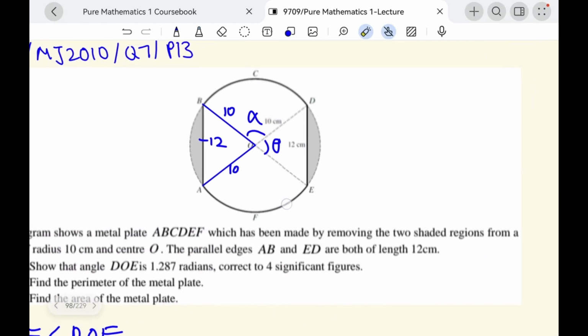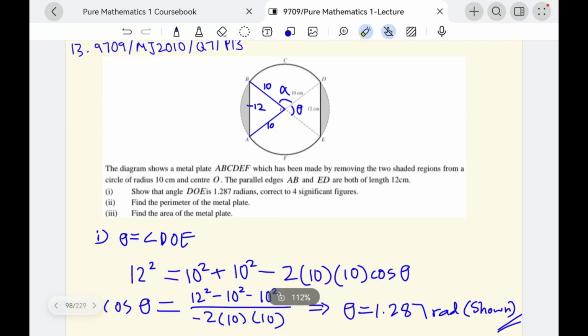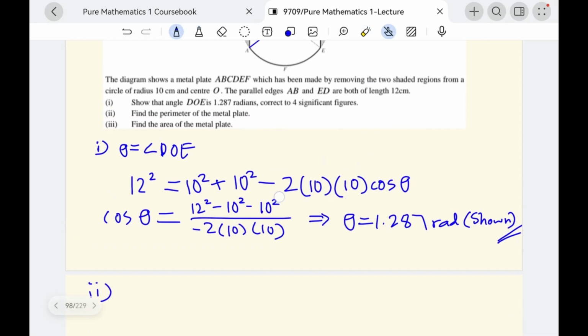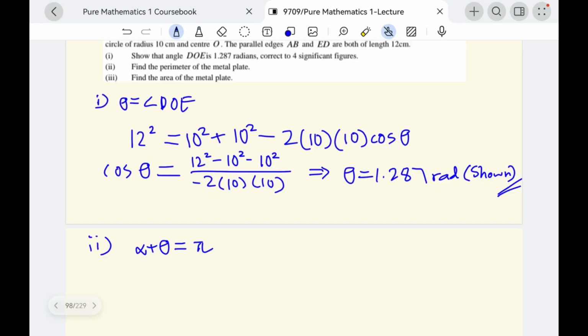This is a straight line, so-called collinear. When it comes to collinear, the sum of these two angles must be 180 degrees or pi, since theta is in radians. So alpha plus theta equals pi.